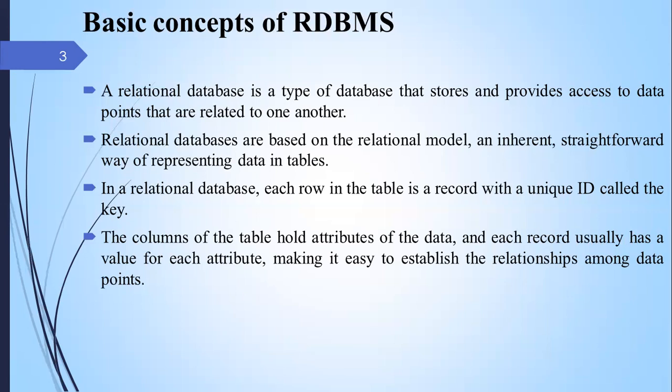So from this basic concept, in the relational database management system, the data is stored in terms of a table, and the table has properties such as rows and columns. One row is called a record, and it has a unique key, and a column is also called an attribute. So this is the basic concept of relational database management.